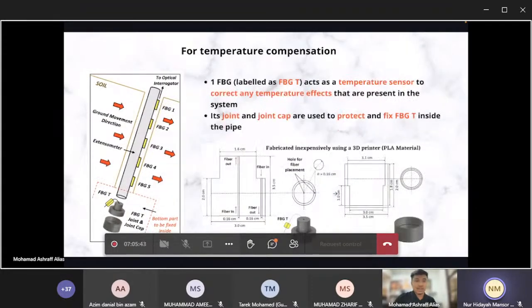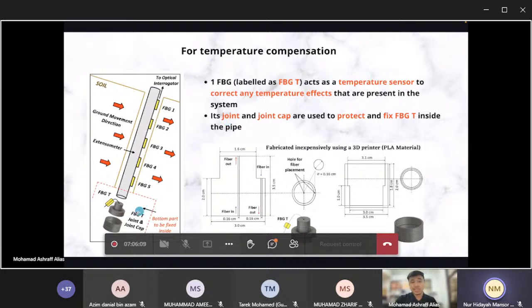Okay, and then for temperature compensation. As you can see here, this is basically a 2D sketch of my extensometer design, in which 5 strain-sensitive FBGs are used and placed at one side of the PVC pipe, and then one FBGT is placed inside the pipe here, and it acts as a temperature sensor.